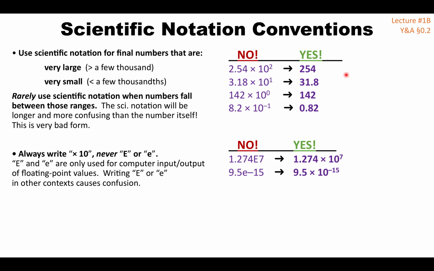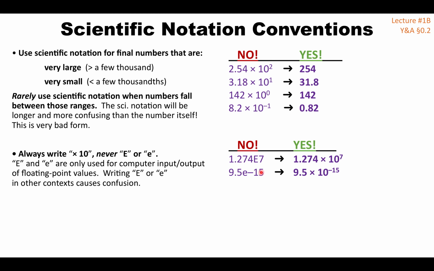But otherwise, I recommend you cast final answers like that. And if I ever saw a final answer for a problem, if I was asking you to hand in problems where you show your work, and if we were grading regular homework like that this semester, then if I saw a final answer in this sort of form, 8.2 times 10 to the minus 1, I would circle that and say simplify. Just write it as 0.82.